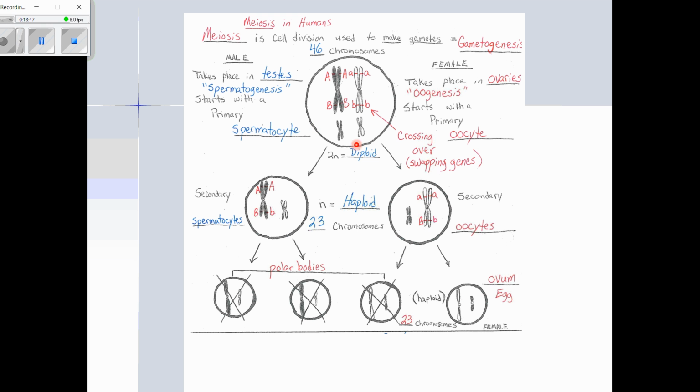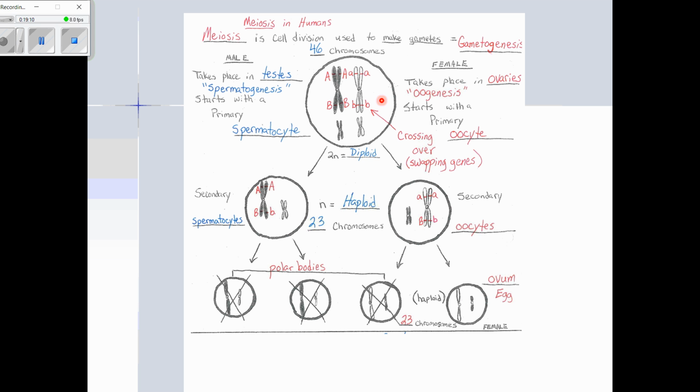But there's a set number of primary oocytes in each ovary. And throughout a woman's life, starting at puberty and continuing until middle age, one cell per month will divide until both ovaries literally run out of primary oocytes. And that, of course, is when menopause would begin.